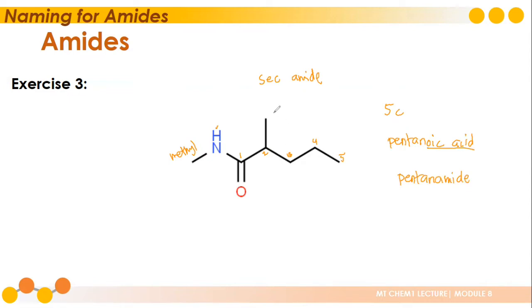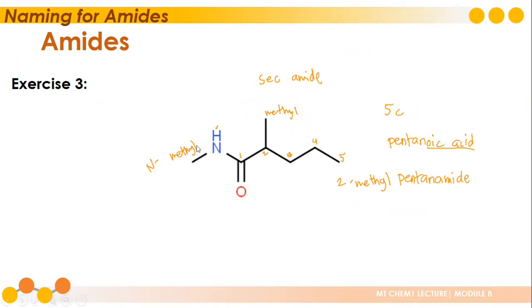And then determine its substituents first. We have here another methyl group located in carbon 2. So this is 2-methyl pentanamide. For the other carbon group attached to nitrogen, this is now N-methyl.